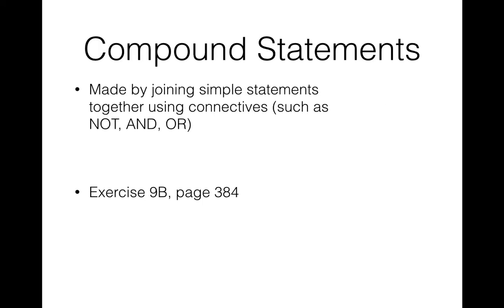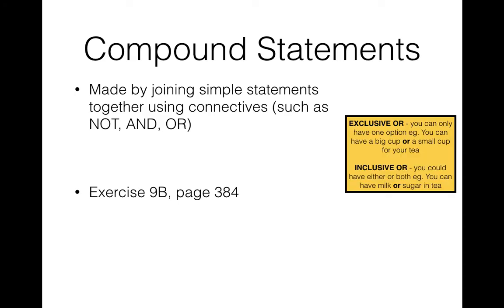Compound statements are made by joining simple statements together, and we use things called connectives. So we use things like not, and, or, if, then, okay? Now something to be a little bit careful of, we can use or in 2 ways. It can be exclusive or inclusive. In exclusive, you can only have one of the options.